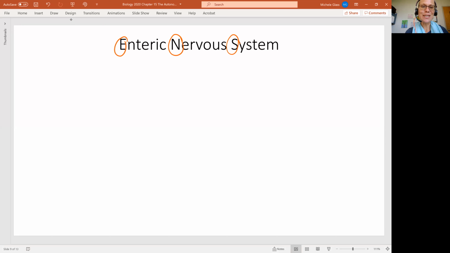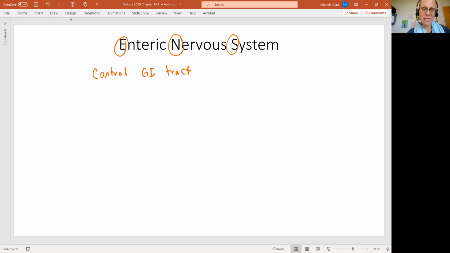So the enteric nervous system is the collection of ganglia and neurons that are regulating, or controlling, the GI tract. GI, of course, stands for gastrointestinal tract. So we're talking here about the coordination of the stomach, small intestine, and large intestine.